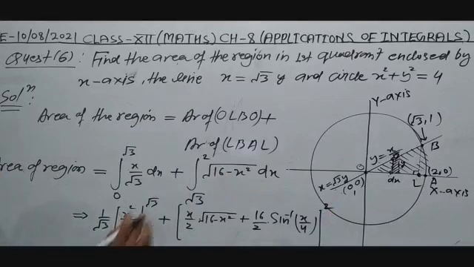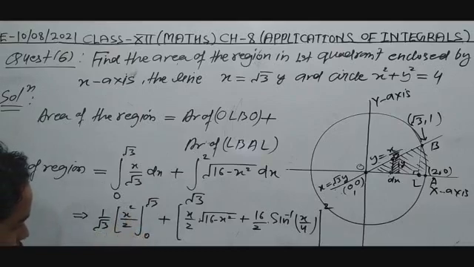Now when you will put upper limit, you will get 3 by 2 and 3 by 2 times root 3 and minus 0 and plus. When you will put lower limit, you will get 0 and plus.